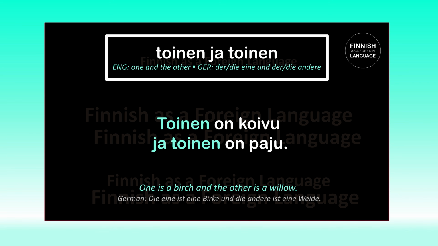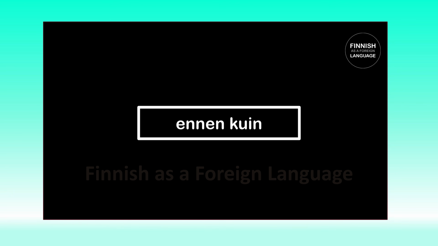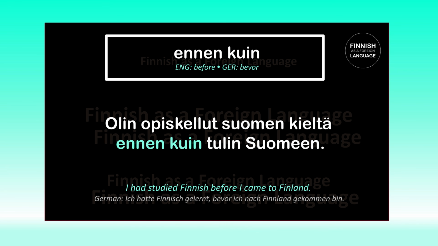We have one more, ennen kuin, meaning before. For example, olin opiskellut suomen kieltä ennen kuin tulin Suomeen. Means I had studied Finnish before I came to Finland. Let's go step by step. Olin opiskellut means I had studied. It's the first person singular pluperfect tense of opiskella, which means to study. Suomen kieltä here means Finnish language. Ennen kuin here means before.